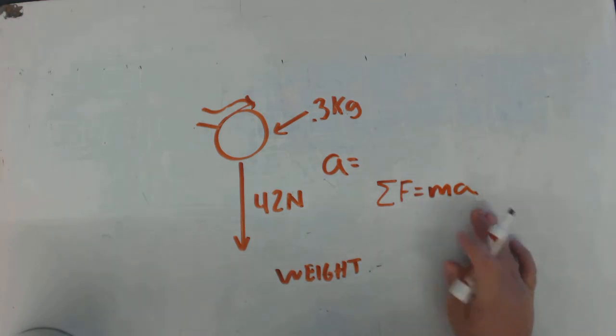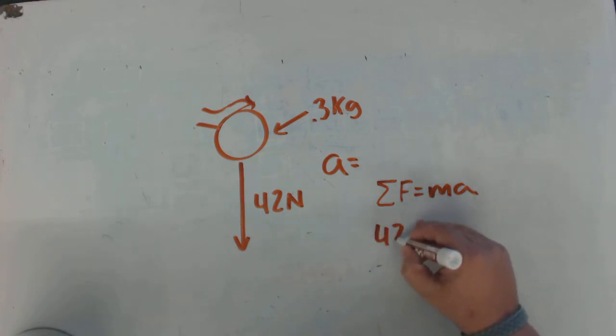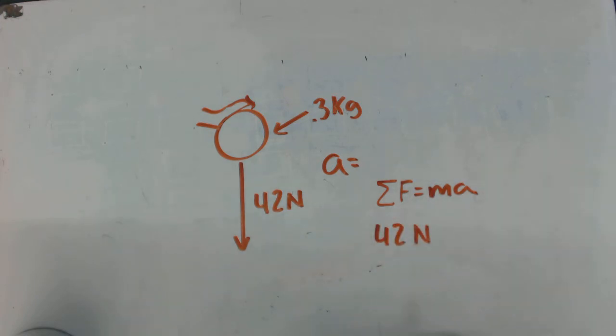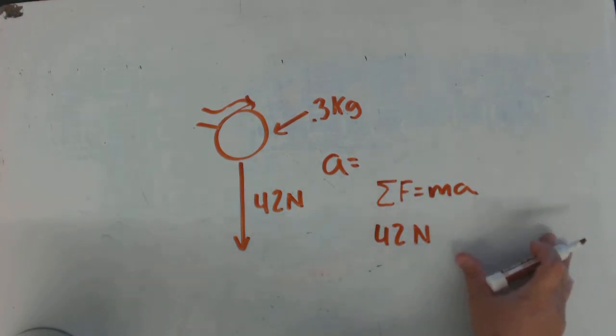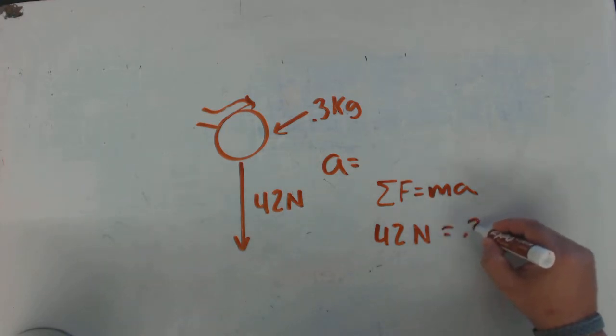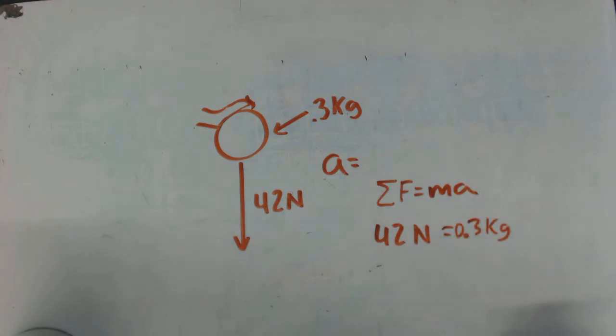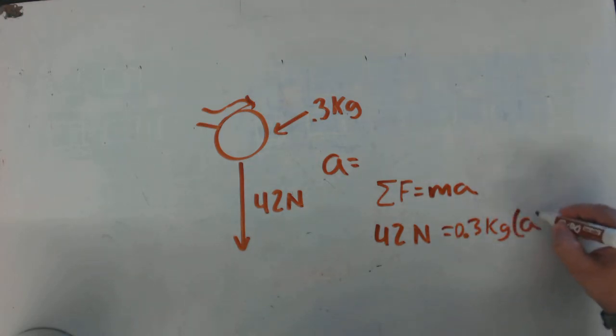So the sum of the forces on this is 42. Once again, I'm only considering the force by the hand, not the force of gravity, because then I would have to add that term to it. That is equal to 0.3 kilograms times a.